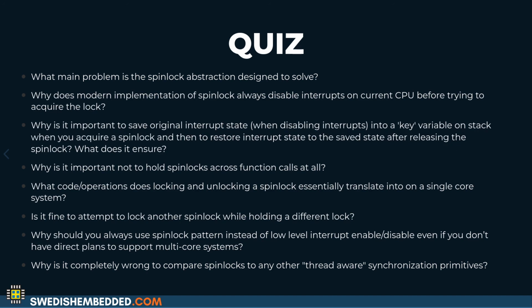Why should you always use the spin lock pattern instead of low-level interrupt enable and disable, even if you don't have direct plans to support multi-core systems? And why is it completely wrong to compare spin locks to mutexes or semaphores or any other thread-aware synchronization primitives?